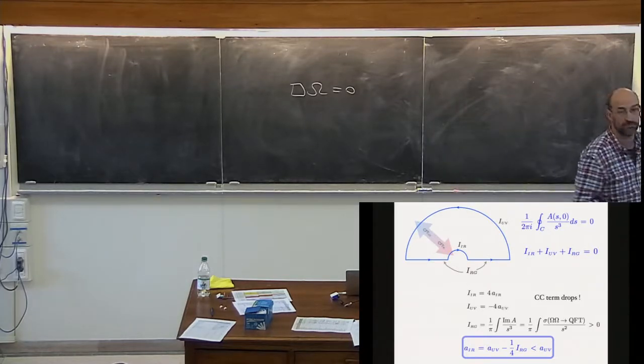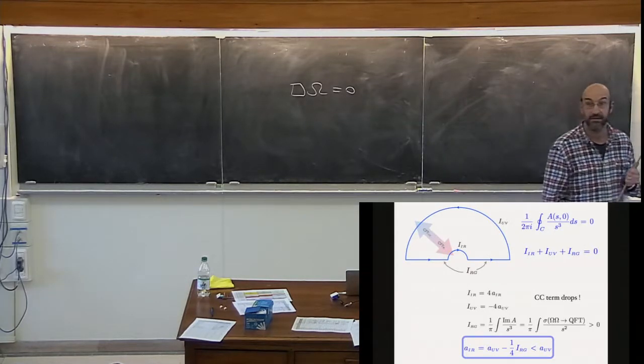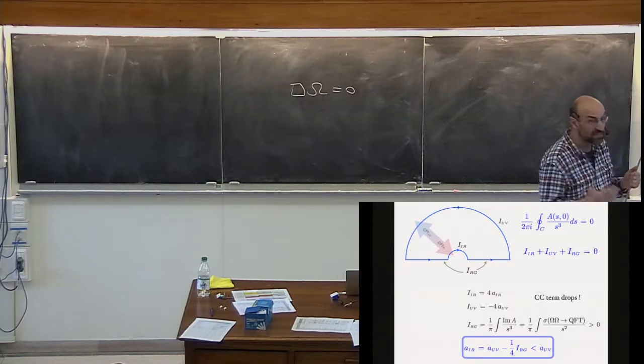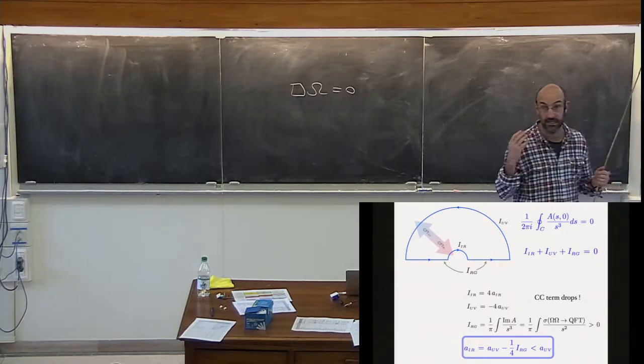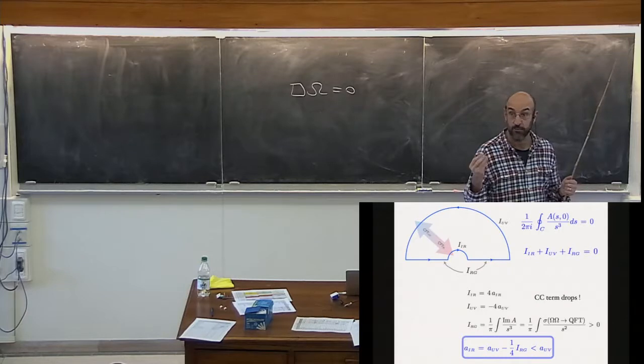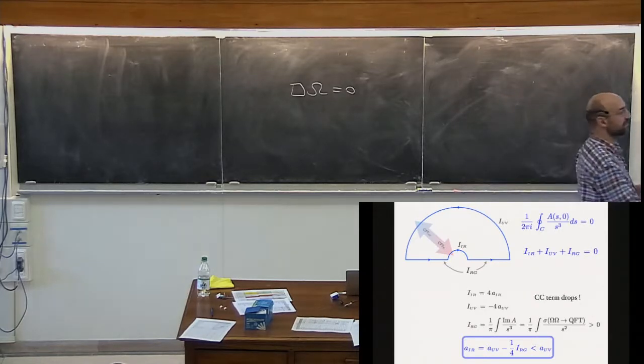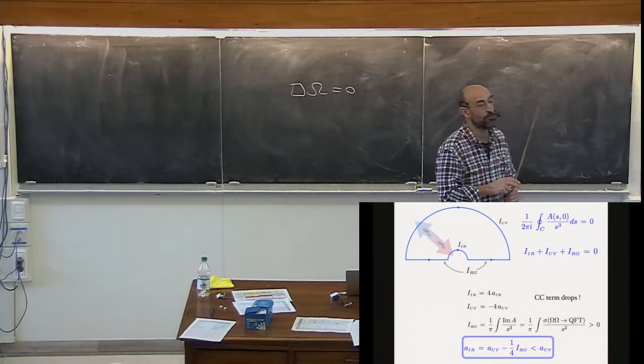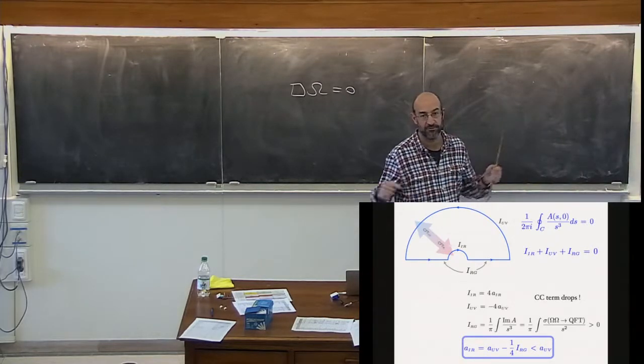This positivity just follows from unitarity, okay? It's just the positivity of the scalar product in Hilbert space, and this positivity is associated with the positivity of what we could interpret as the cross section of the cut.